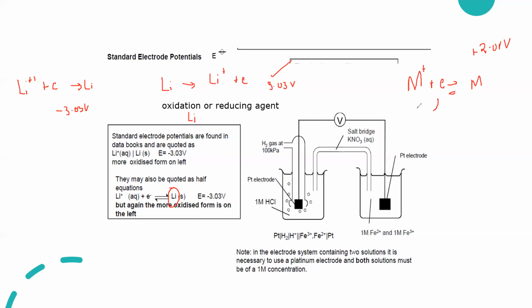If this is feasible, this ion has a tendency to gain electrons. When something is gaining electrons, we call that a reduction, or it is an oxidizing agent, but not that element. That ion is a good oxidizing agent. An oxidizing agent means the substance which helps in oxidation, and by itself it is reduced.